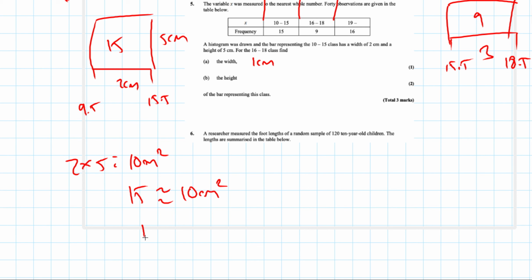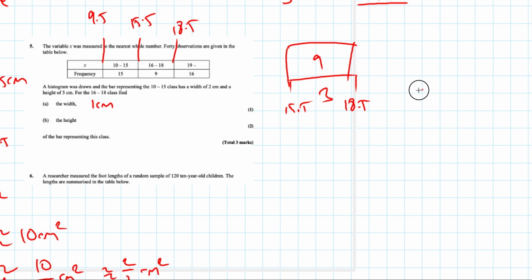So 1 frequency is equivalent to 10 over 15 centimeters squared, which is equivalent to 2 over 3. So here we know we've got 9. So it's going to be 9 times 2 over 3, which is equal to 6 centimeters squared.